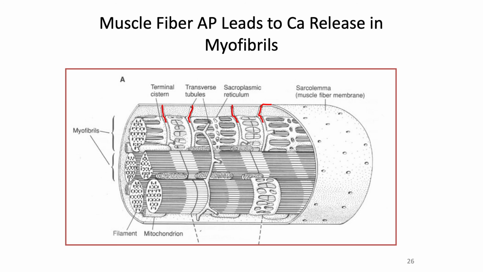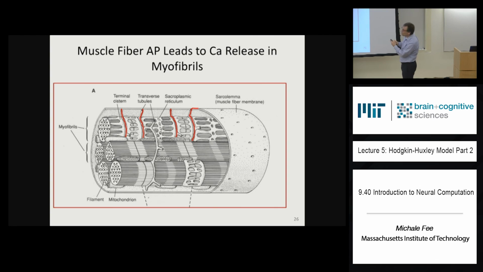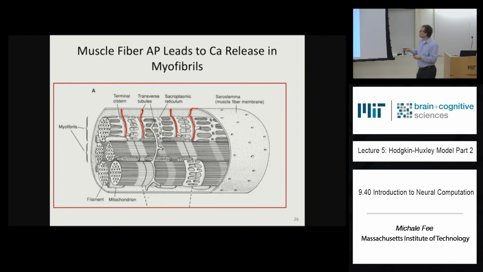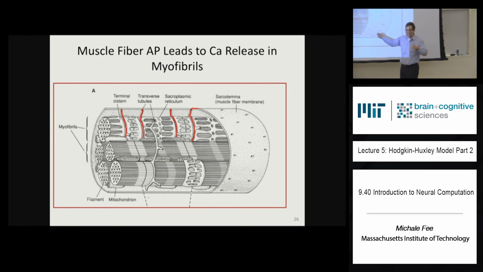So the action potential propagates through these little structures called transverse tubules. These are little tubes that go from the surface of the muscle fiber down into the muscle cell. They're like axons, but instead of going out from the cell body, they go into the cell body, right? That's pretty cool. This thing is huge.